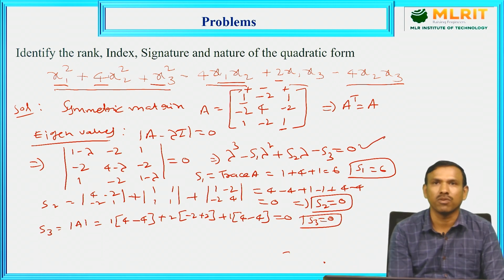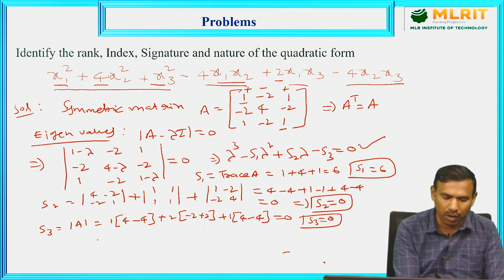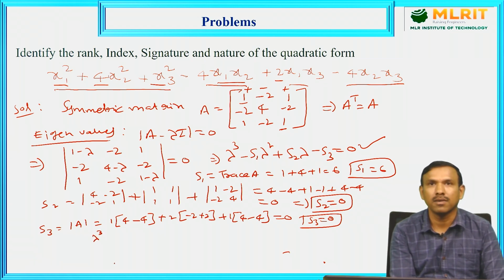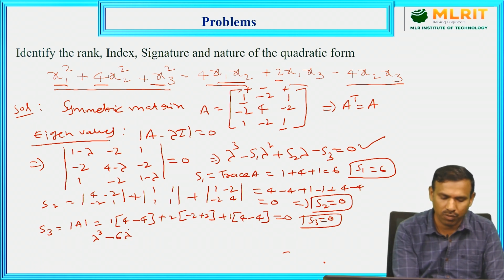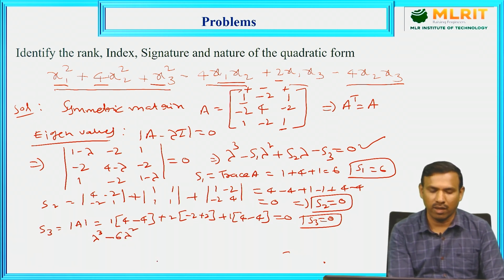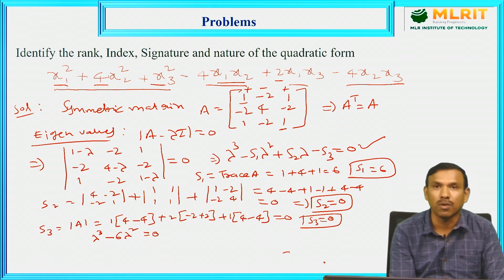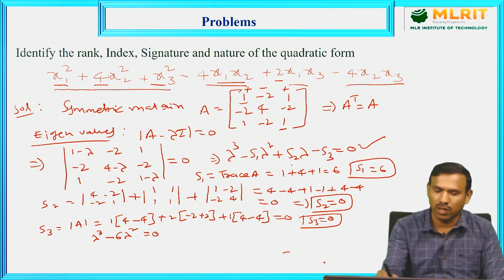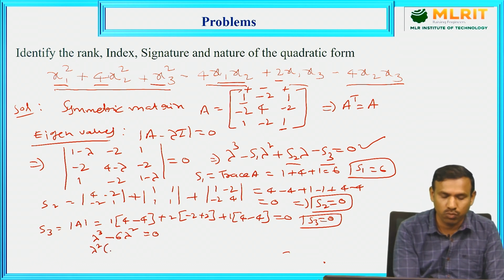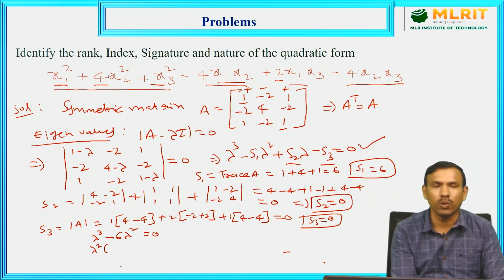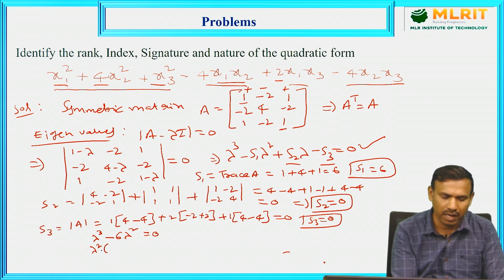The equation for this determinant is lambda cube minus S1 into lambda square, that is 6 into lambda square, plus S2 into lambda, which is 0, minus S3, which is 0. So completely it is 0, because the S2 term and the S3 term are 0. Now take lambda square common. To solve this cubic equation we have to get 3 roots, lambda 1, lambda 2, lambda 3. You can use a scientific calculator, but it is only 2 terms, so we can easily solve it. Take lambda square common: lambda square into lambda minus 6 equals 0.